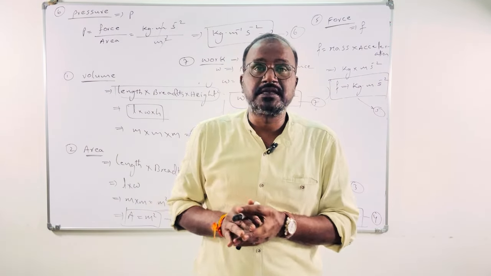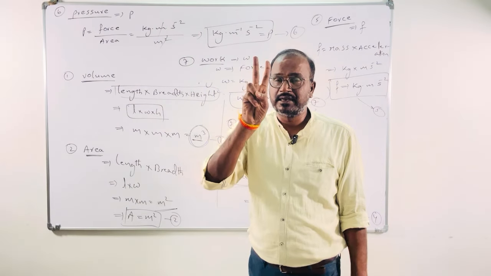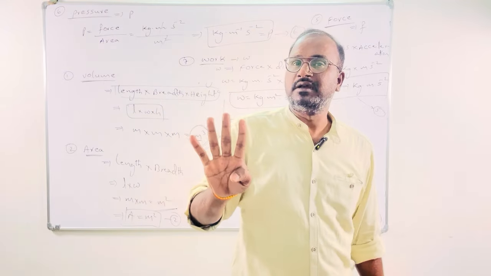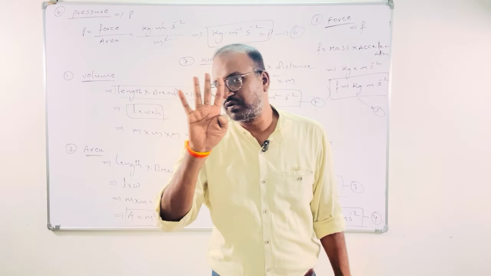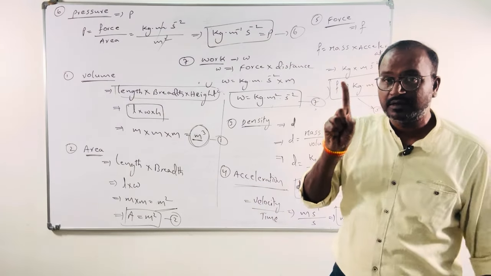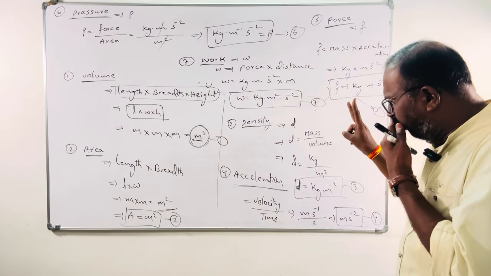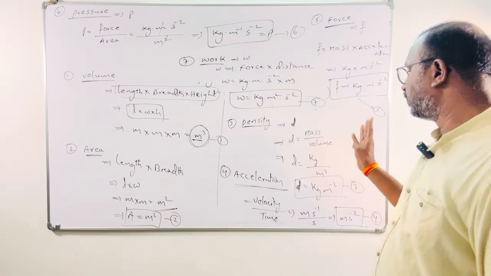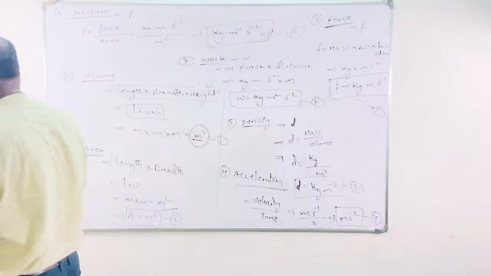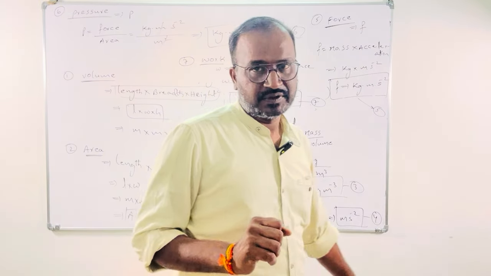Of the 7 basic units, 4, mass, length, time, and temperature, we require for chemistry. That's why I have explained only those 4. Then the 7 derived units we require: volume, area, third one density, fourth one acceleration, fifth one force, sixth one pressure, seventh one work.